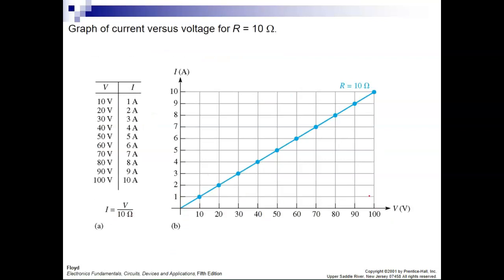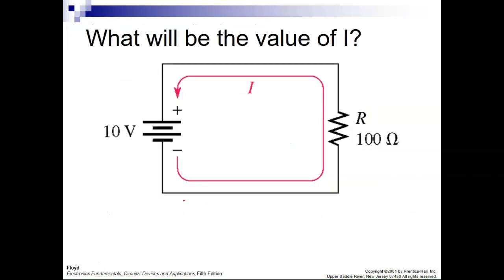So as voltage increases, if resistance does not change, your current will increase. So here's some more Ohm's law. We have 10 volts and 100 ohms. What is my current?